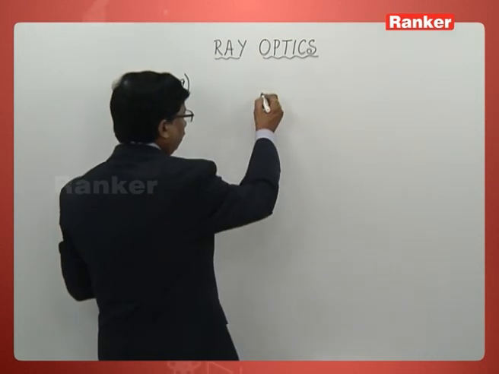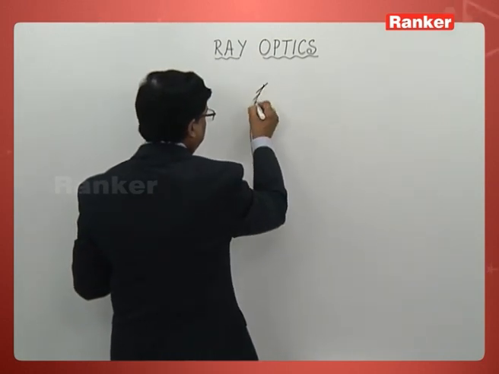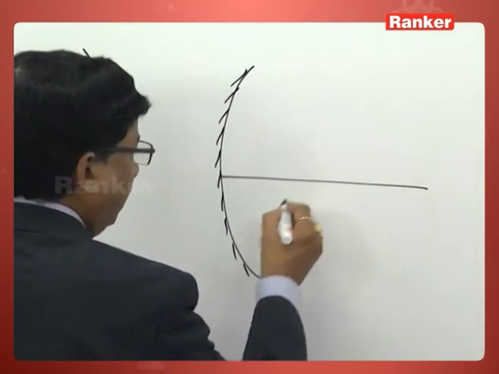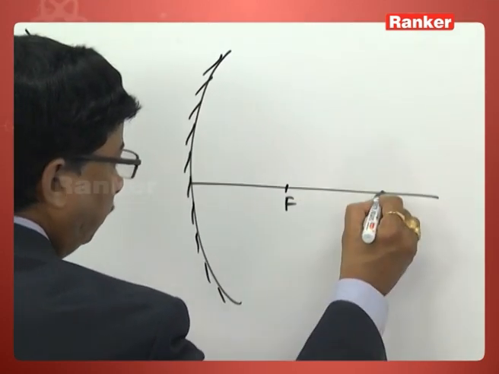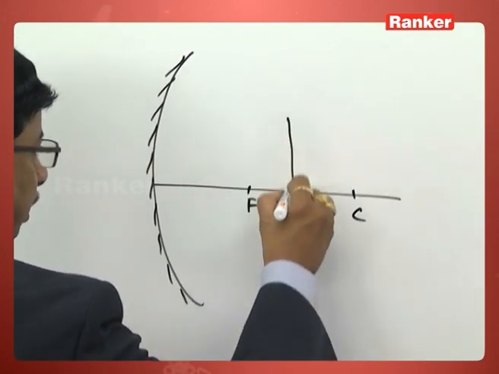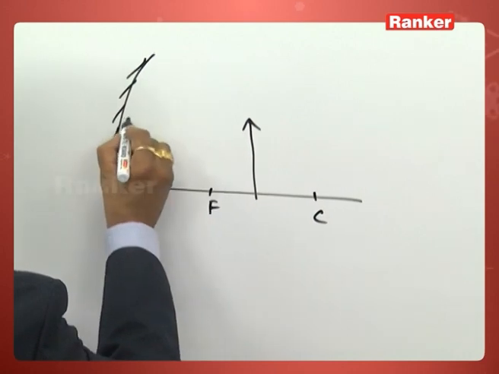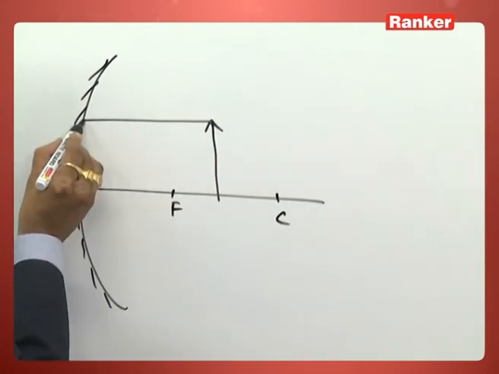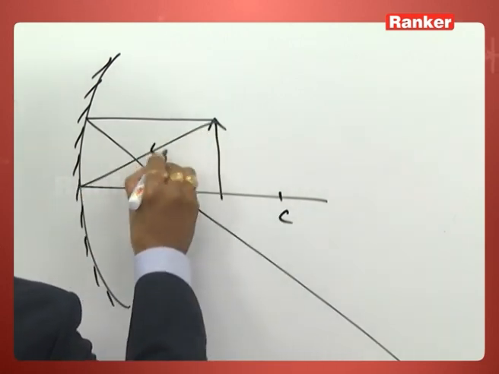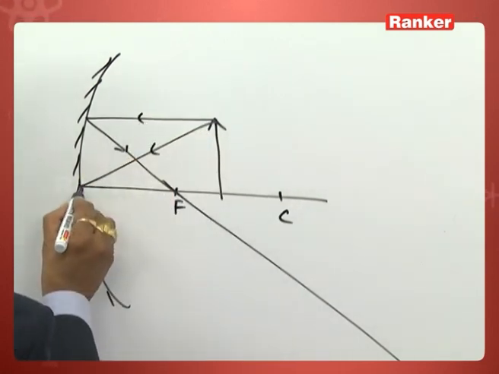Concave mirror he is talking. For example, if I consider this one the concave mirror, this one the ray, that the principal axis, this is the focus, this is the center of curvature. Suppose there is an object placed here, automatically we can say the image is going to be formed beyond C. That of course is known to all of us.